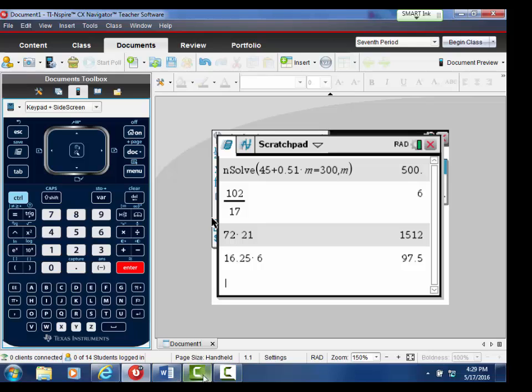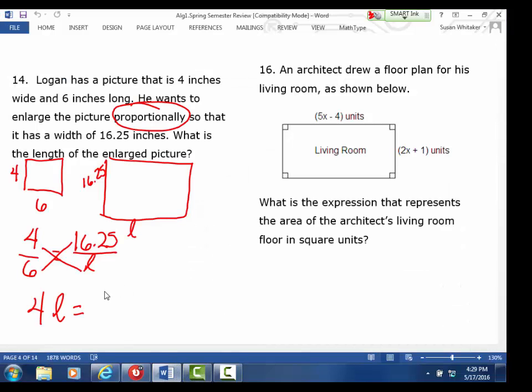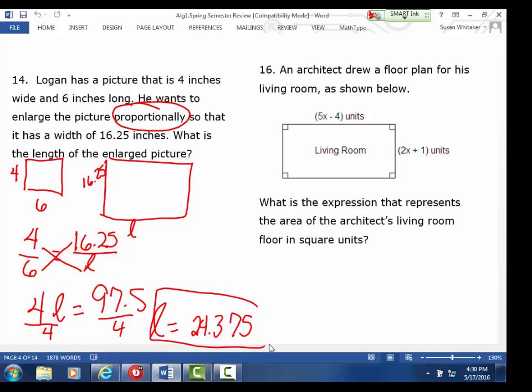That's 97.5. Okay, and then we divide by 4. And we find out that the length is 24.375. Let's see, what would that be? Inches.